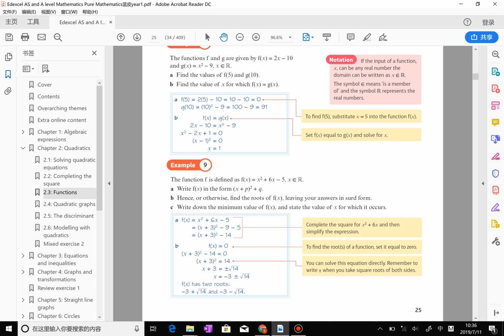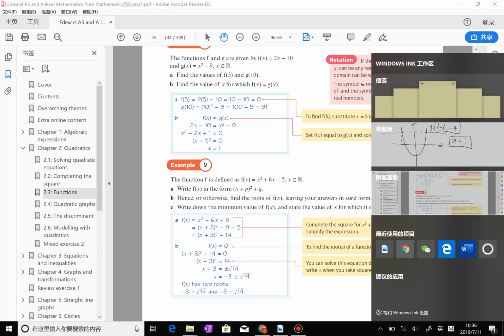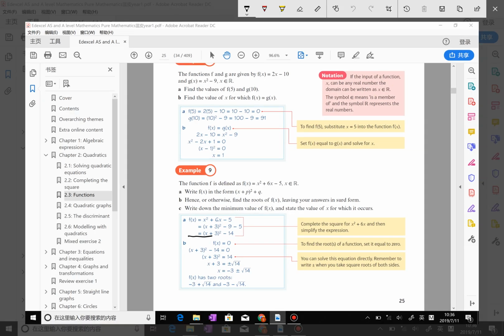For question C, write down the minimum value of f(x) and state the value of x for which it occurs. We have already finished the square form, so f(x) equals (x plus 3) squared minus 14.